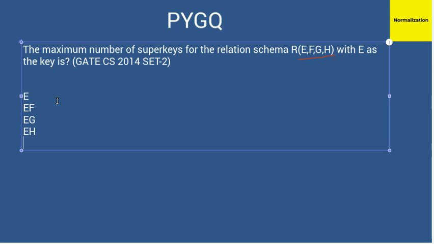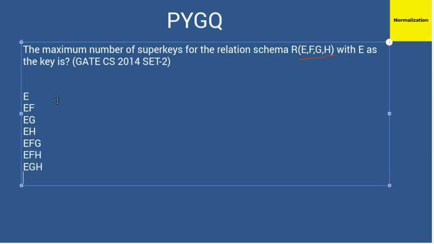So here you get 4. With the help of 3 attributes, now make the 3-sets in order: EFG, EFH, EGH, and you get the fourth, EFGH.